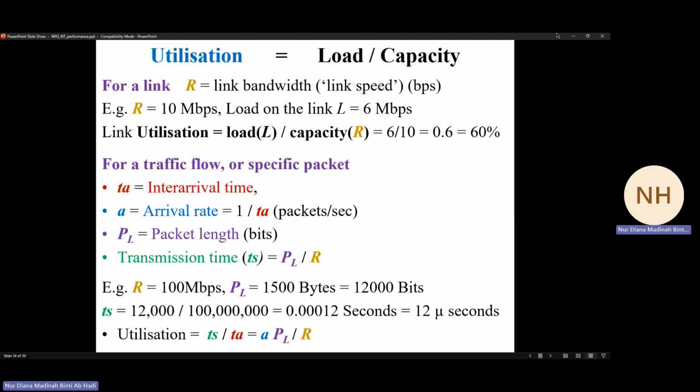Okay, so how do you get 12,000 bits? Then TS is 12,000 bits divided by 100,000,000. So you will get 0.00012 seconds, which is 120 microseconds.